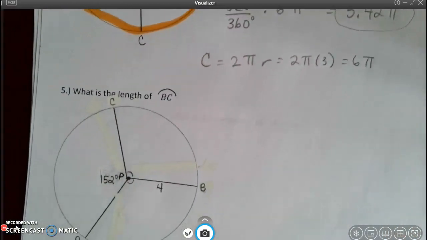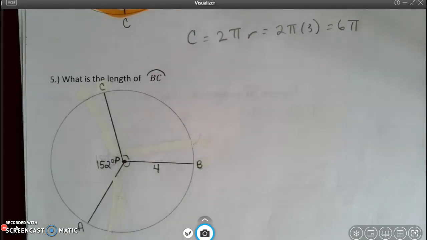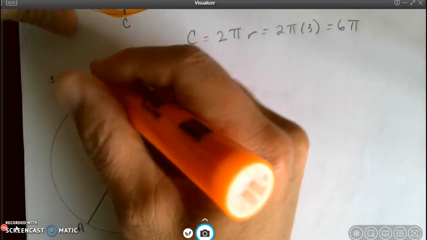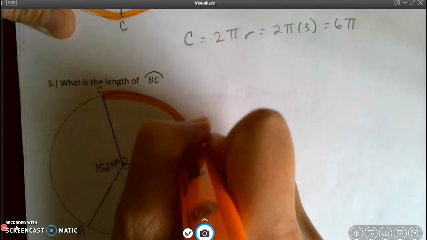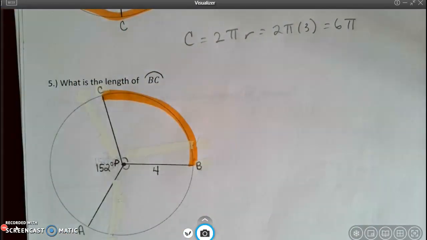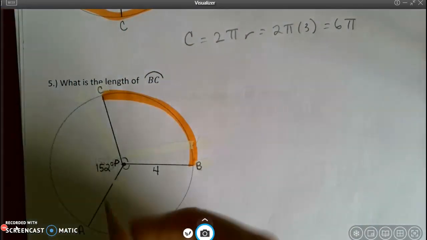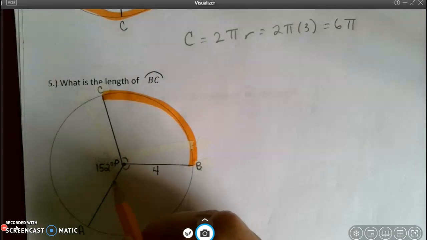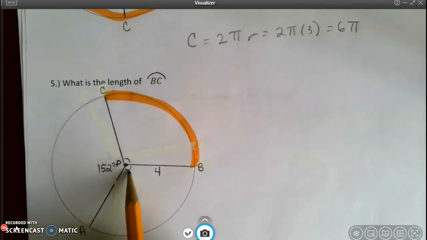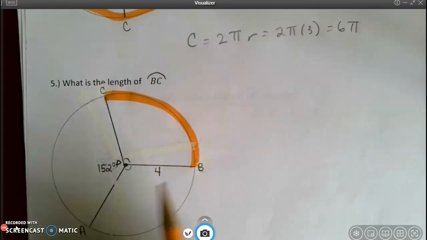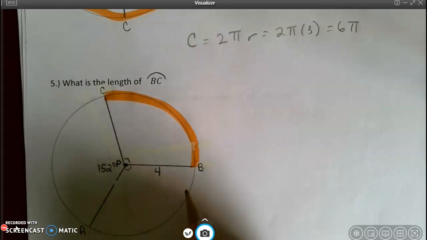Right, number 5. What is the length of arc BC? Well, this angle here is 152 degrees, and the markings on here mean that these angles are the same. So I need to figure out what they would be.